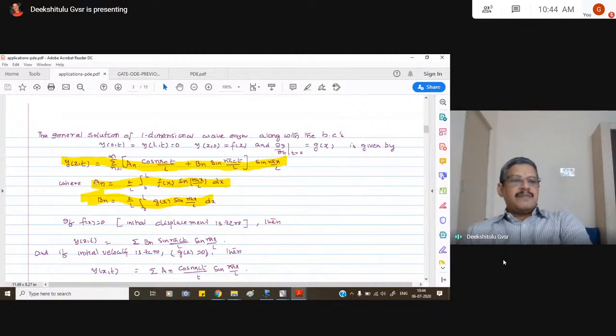Then the solution is given by y(x, t) = Σ n from 1 to infinity of (an cos(nπct/L) + bn sin(nπct/L)) sin(nπx/L).